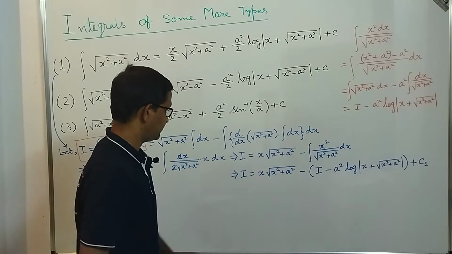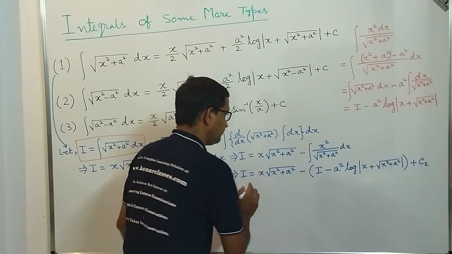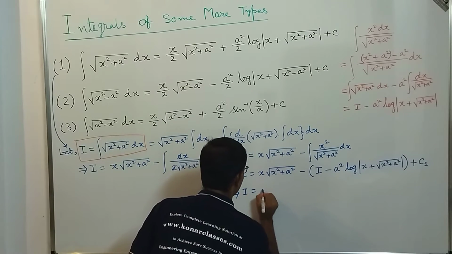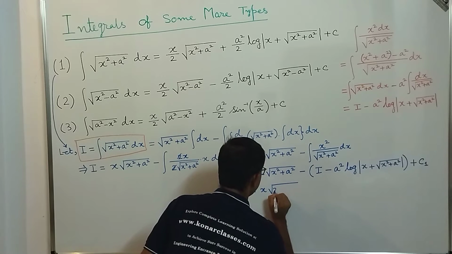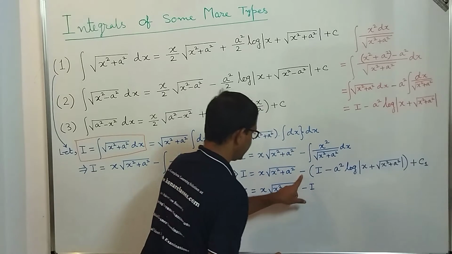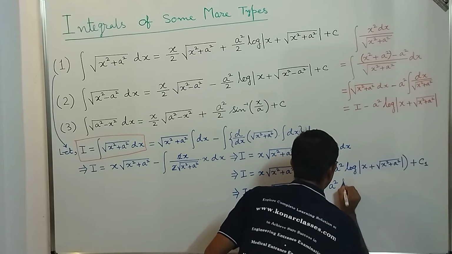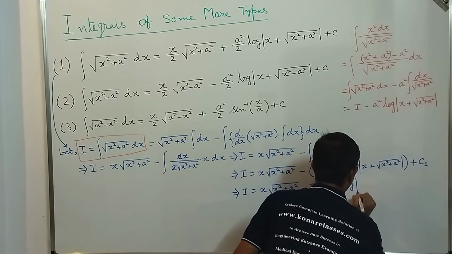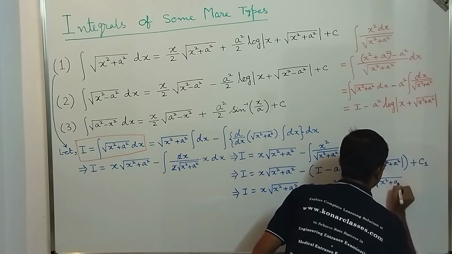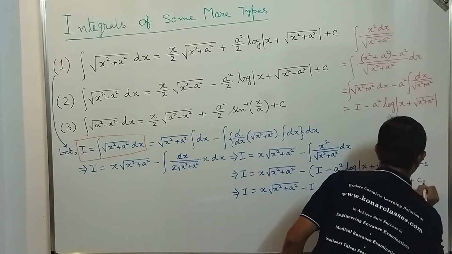Now dear students, what we can write from here, this implies I is equal to x into square root of x square plus a square minus I, and minus becomes plus, so plus a square into log of mod x plus square root of x square plus a square, plus C1.